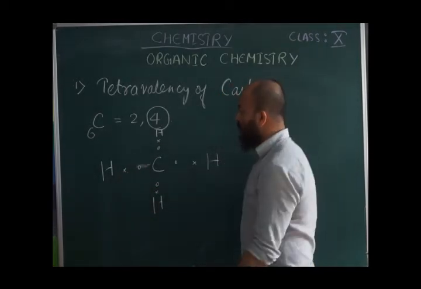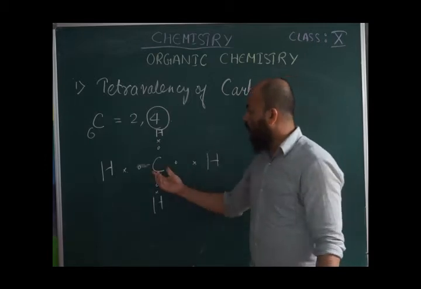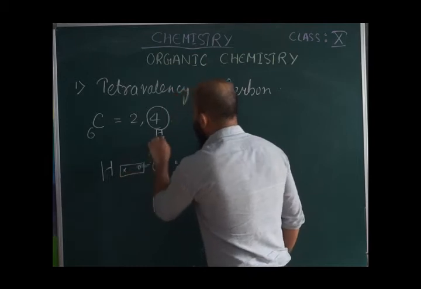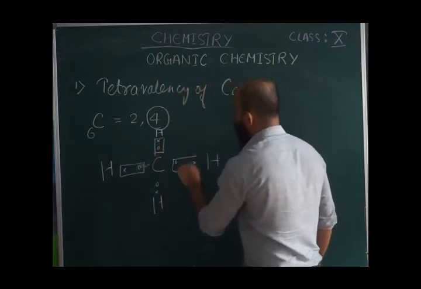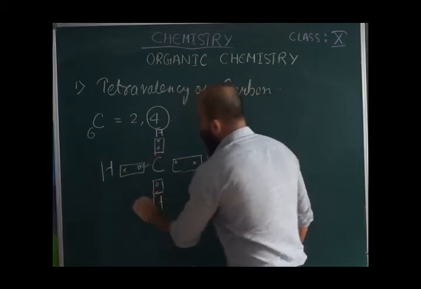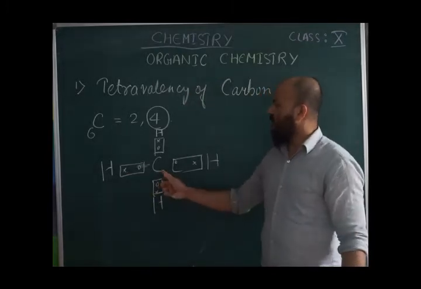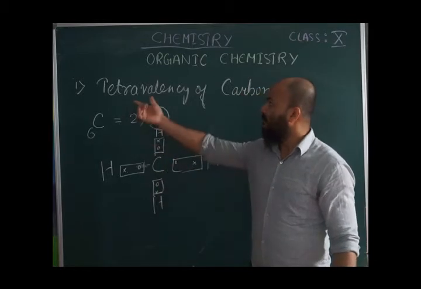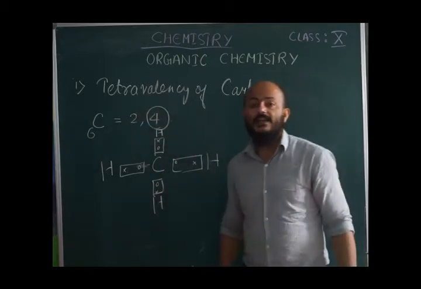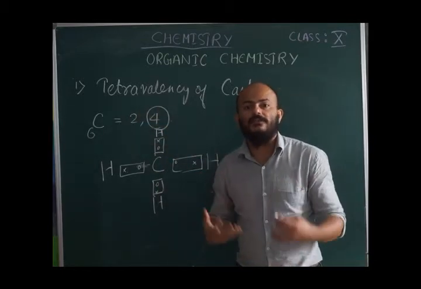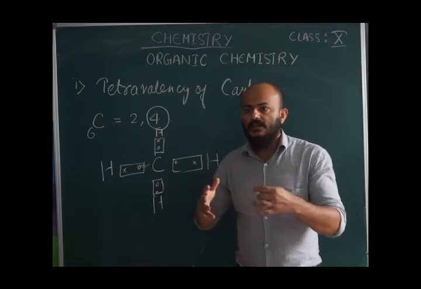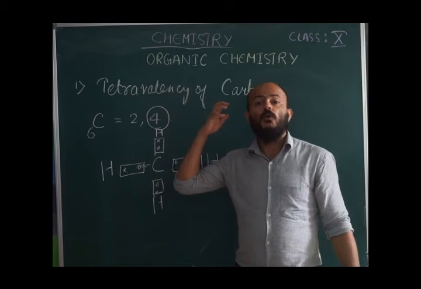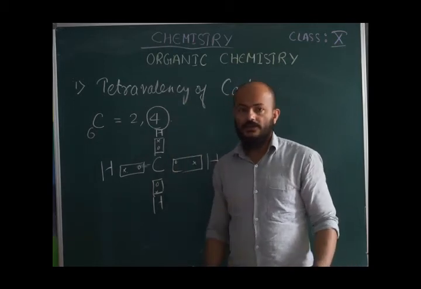So whenever this carbon forms these covalent bonds with 4 hydrogen atoms, then you can see the octet of carbon is complete. Hence it shows tetravalency, and because of which carbon forms so many compounds. Okay, is that clear?